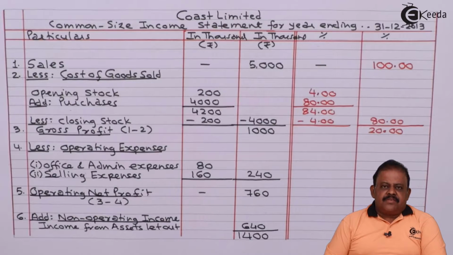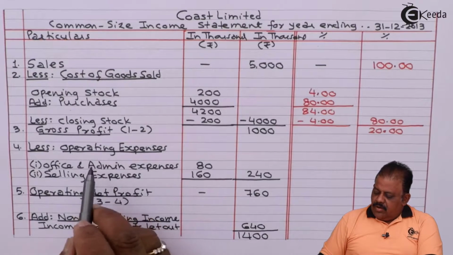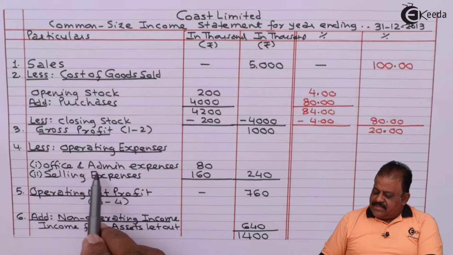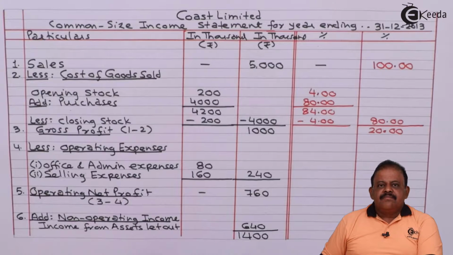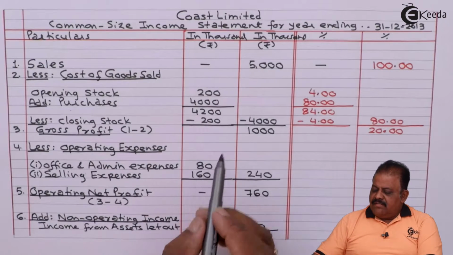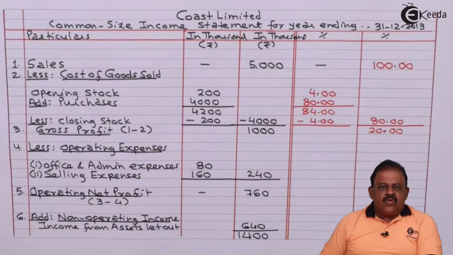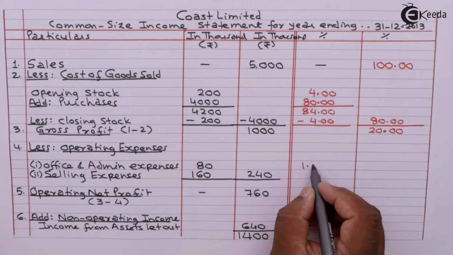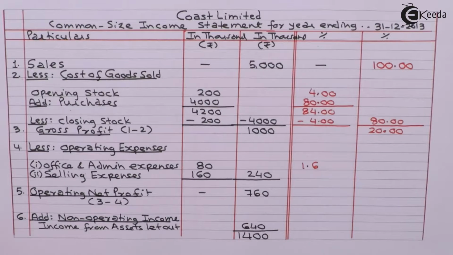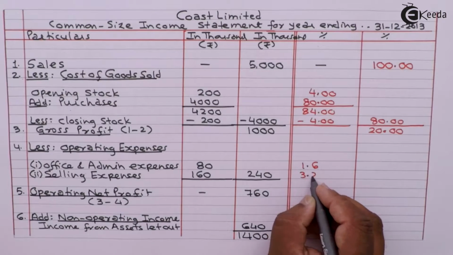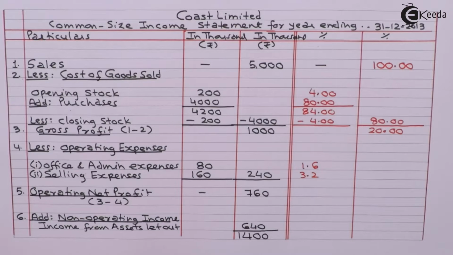It is 20%. Operating expenses, office and administration expenses 80 divided by 5,000 multiplied by 100, 1.6%. Selling expenses 160, 3.2%.